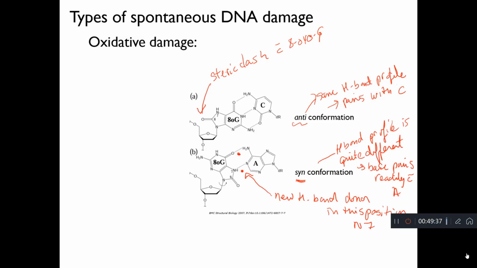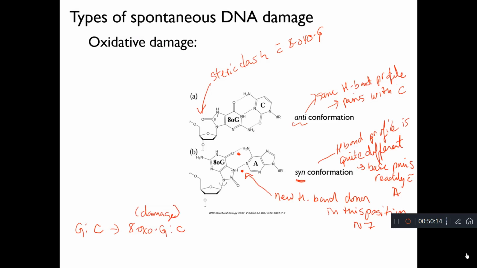So again, if we walk through the damage mutagenesis scenario, we start with a GC base pair. Okay, we go to an 8-oxo-G. And this is the damage. So the base has become altered. It has altered base pairing properties, but the damage itself is not heritable.